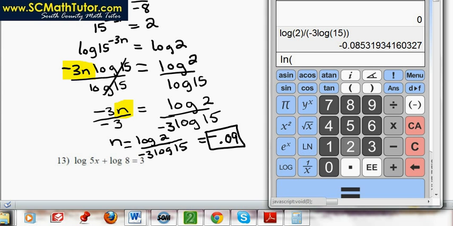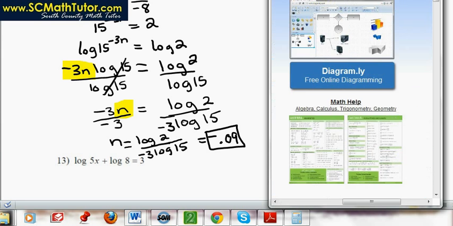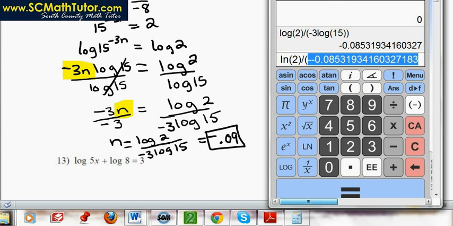So ln 2 divided by negative 3, I need to put parentheses, ln 15. You have to be consistent: if you're going to use ln, you use ln throughout.